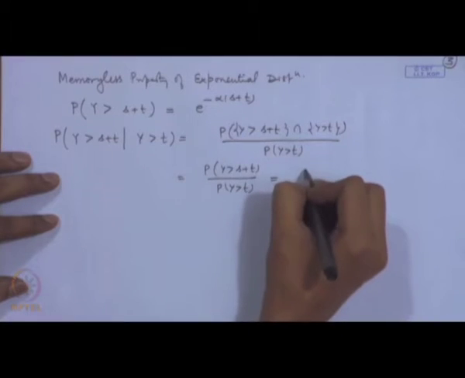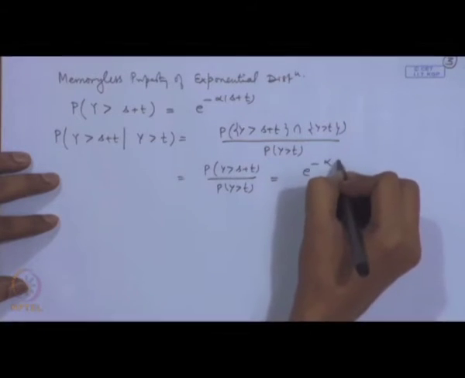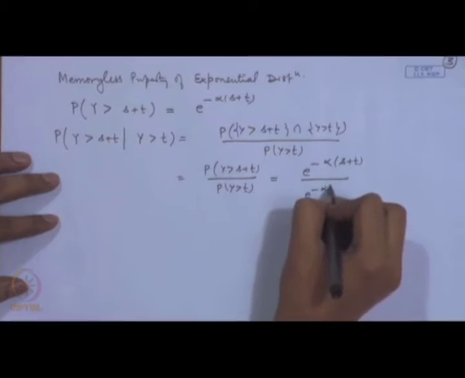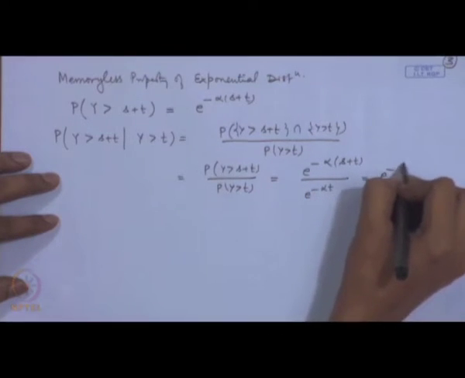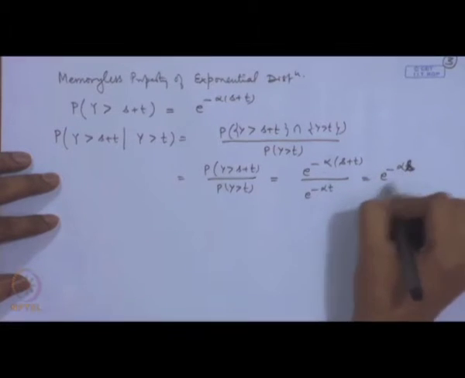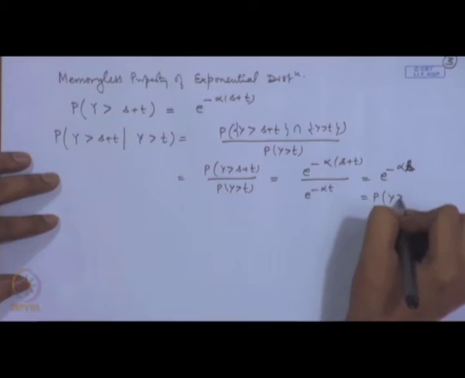Now, according to the formula that we have, it will be equal to e to the power minus alpha times s plus t divided by e to the power minus alpha t, that is equal to e to the power minus alpha s. Now, this is nothing but probability of y greater than s.